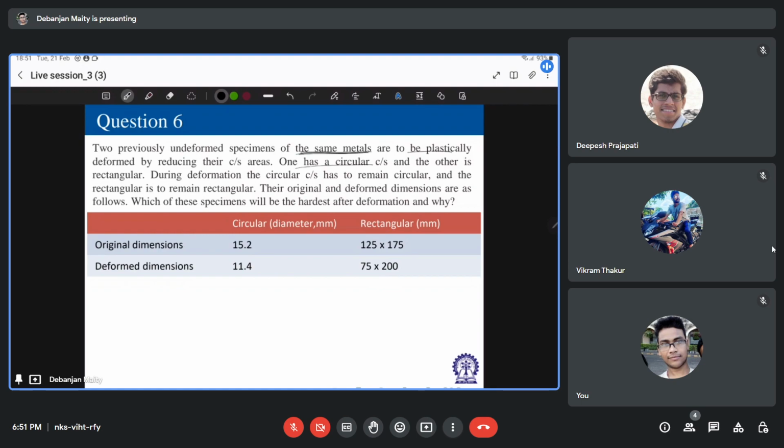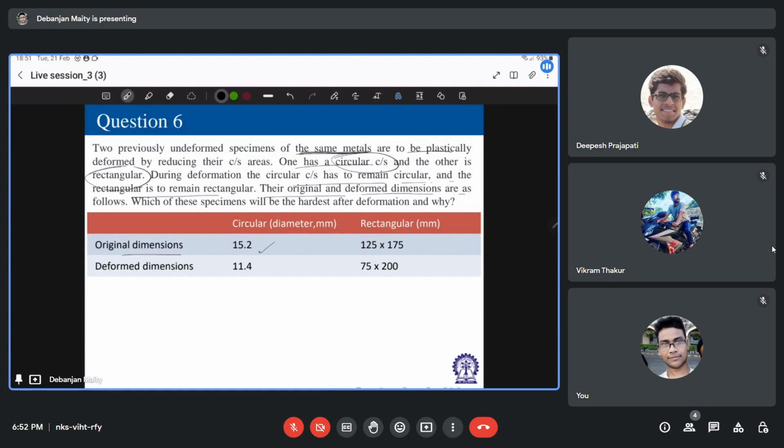One has a circular cross section and the other is rectangular. Now during deformation, the circular cross section has to remain circular and then rectangular has to remain rectangular. And it is provided that their original and deformed dimensions are provided.